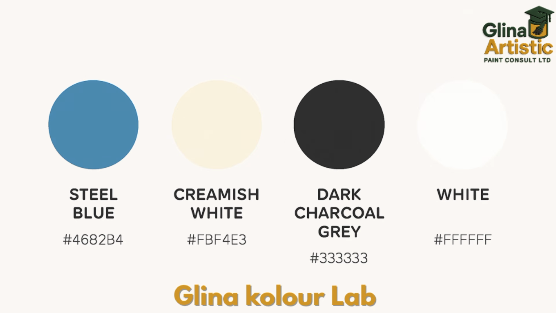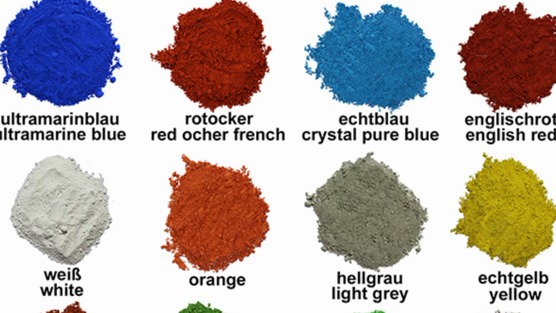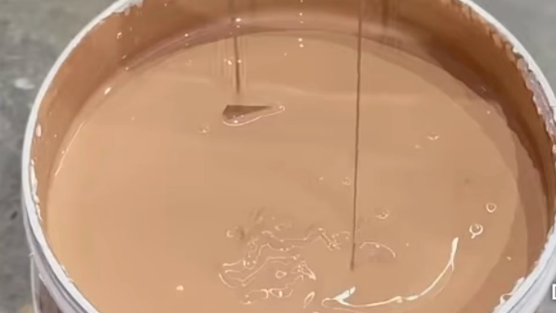Now you've learned how to create your own color code, which means your next step is clear. So you can join the Glina Paint Manufacturers Mentorship, where I'll help you standardize your formula, create your own color book, and prepare your brand for export, for those of you that want to export your paint outside your own country. Don't just produce paint, build a system.